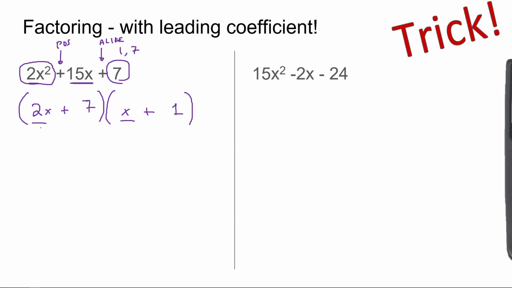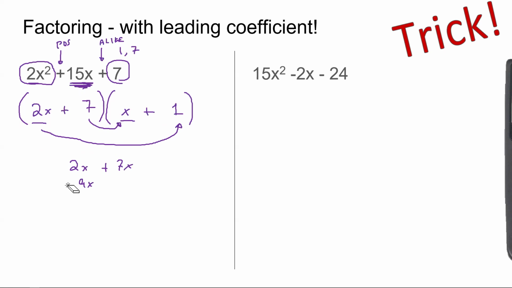But now 2x times x is 2x squared. So the first times the first and the last times the last is good. It's those cross products, the cross terms. When I do the outer times the outer, I get 2x plus 7x. Well, that's only 9x. I needed 15x. So that's not the right factorization.